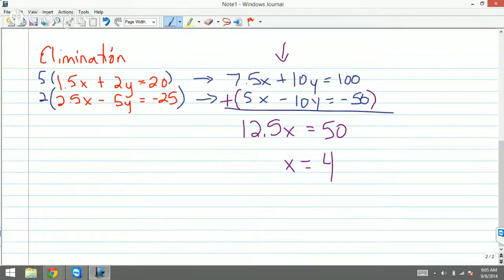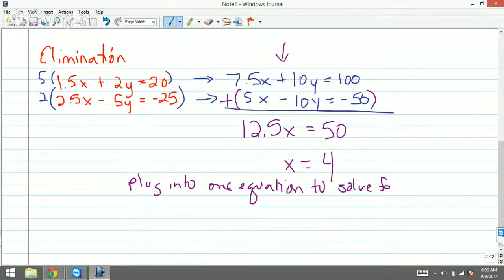What's our y value now? So figure out what y is. Plug it into one equation to solve for y. Take your pick.